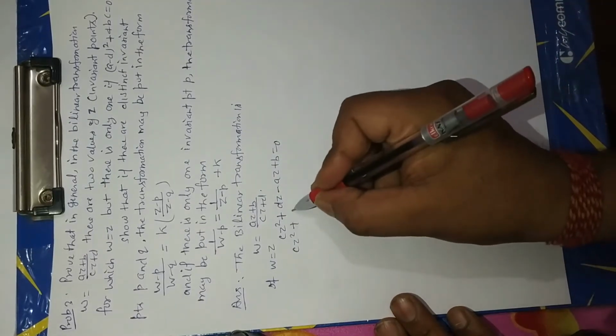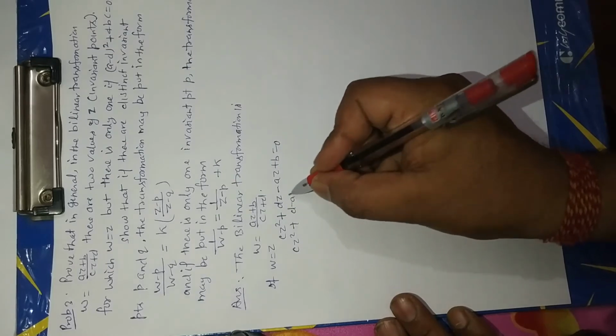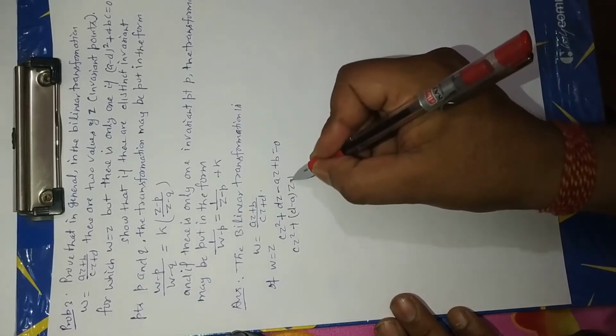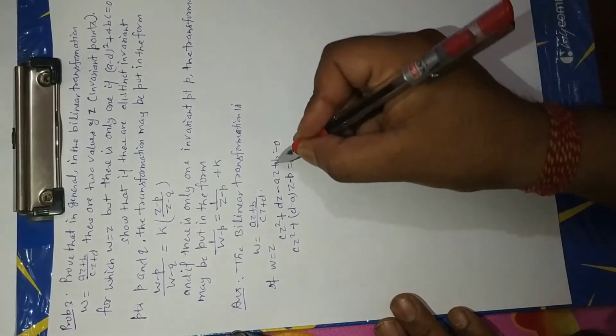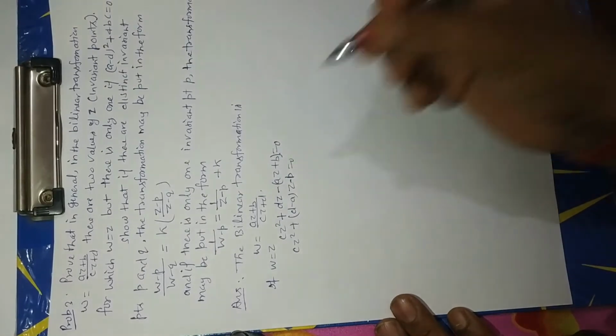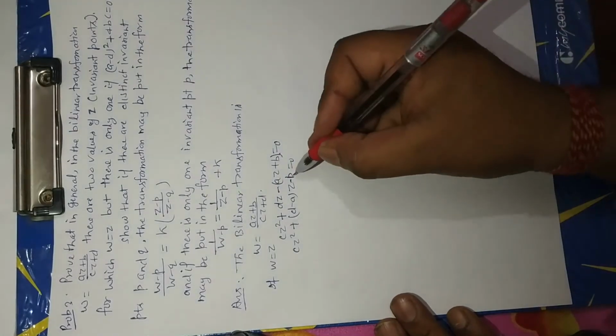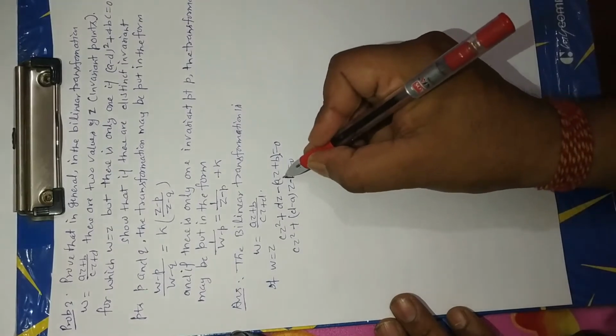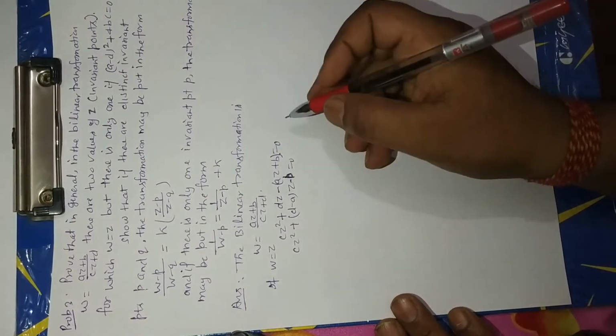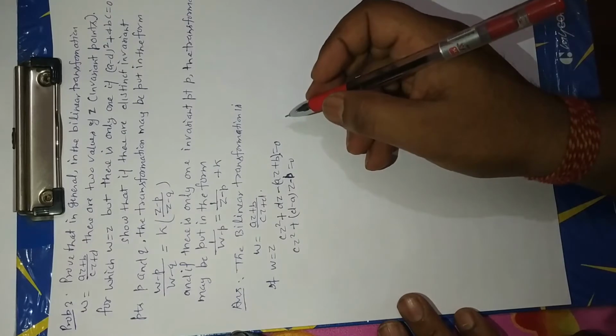That is CZ square plus (D minus A) into Z minus B equal to 0. This is a quadratic equation in Z.